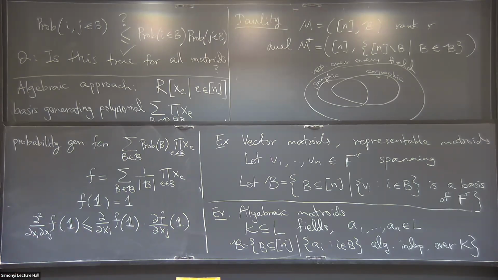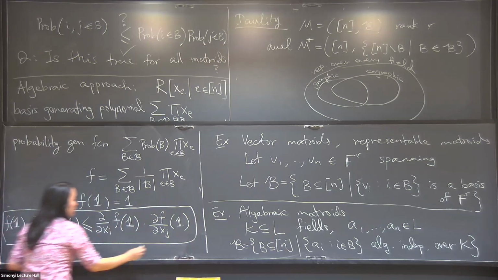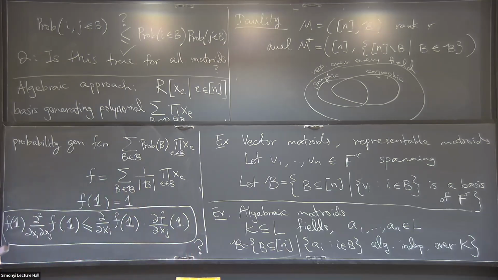And then it doesn't hurt to put in 1 here because this is just 1 anyway. So the negative dependence question becomes the question of whether this algebraic expression is true for the basis generating function.